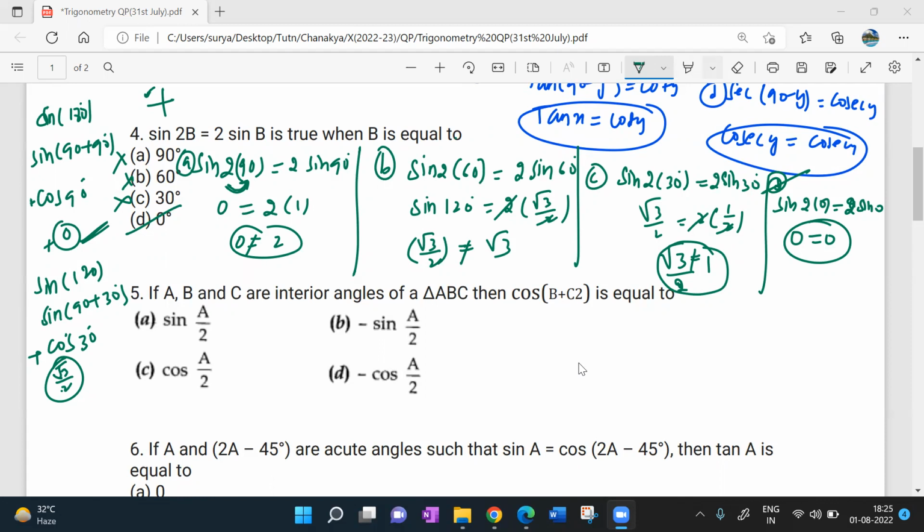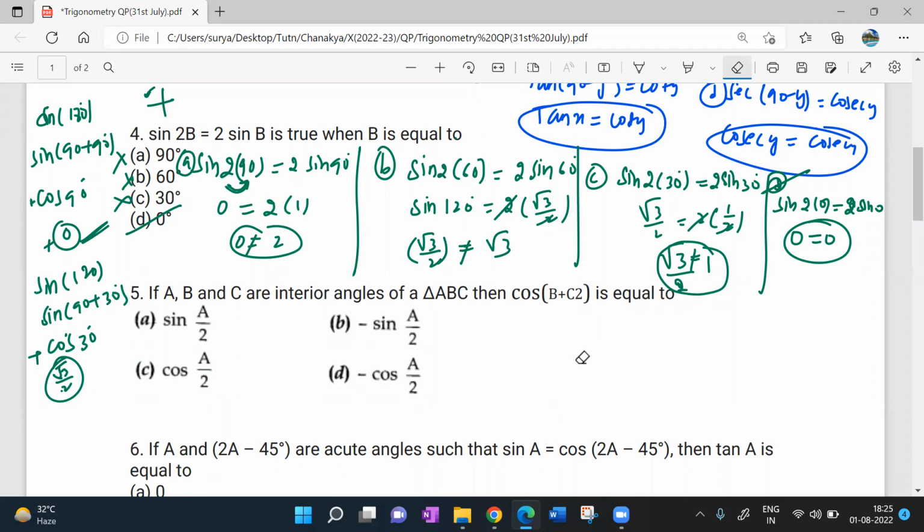Actually, this is (B plus C) by 2, beta. The portion which he has given here should have been (B plus C) by 2. Guys, whenever in the paper you get something like this, you have to take it as (B plus C) by 2. There is a typo error actually.